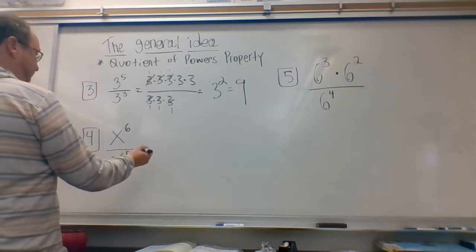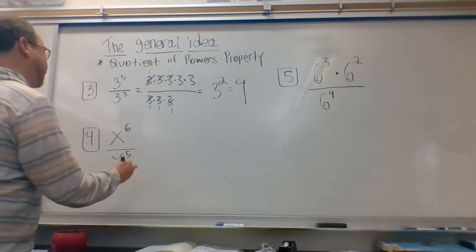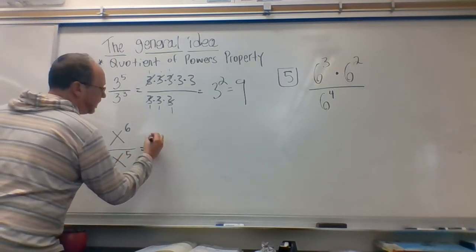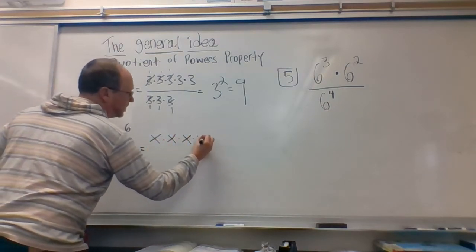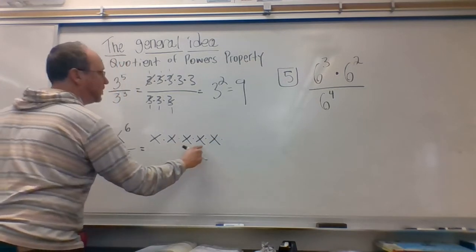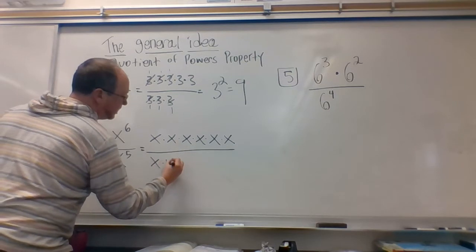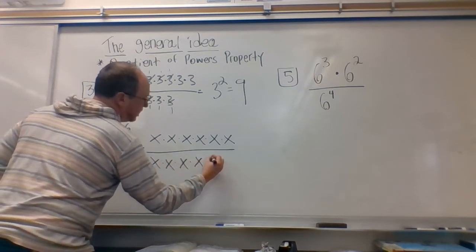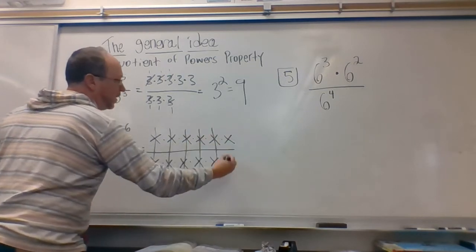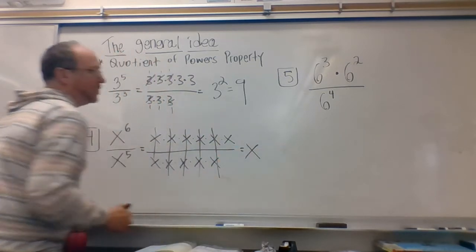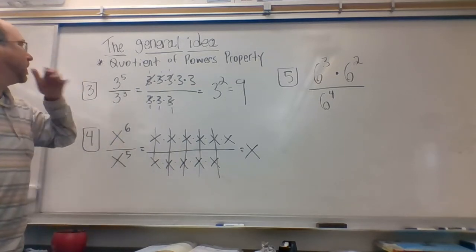And then let's look at this one, and I'm going to generalize with this one. So here you're seeing x times x times x times x times x times x, 1, 2, 3, 4, 5, 6, divided by x times x times x times x times x, right? And I'm just going to do this 1, 1, 1, 1, 1. You're left with x. So maybe even already right now, some math ninjas are seeing a pattern.